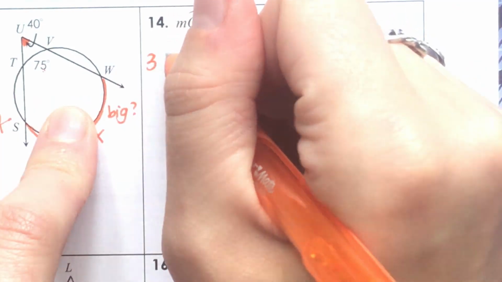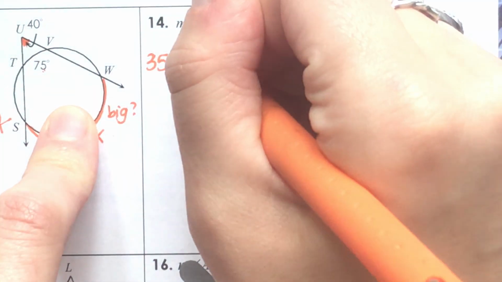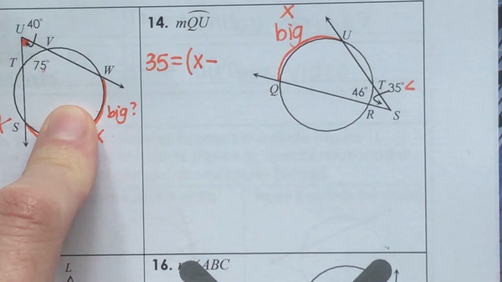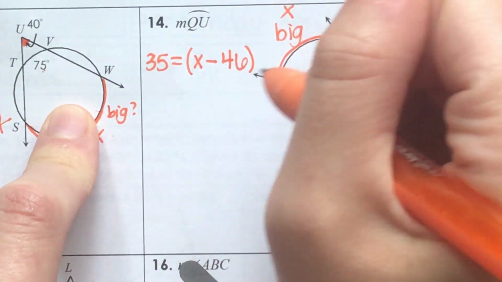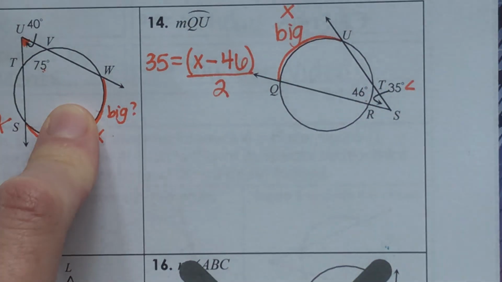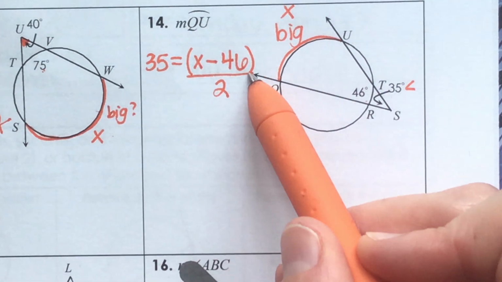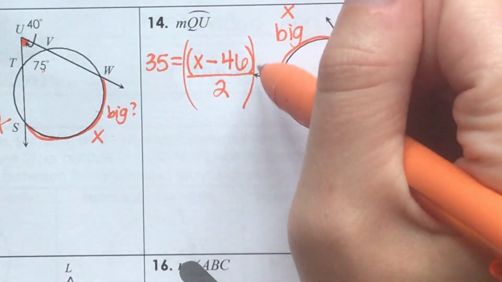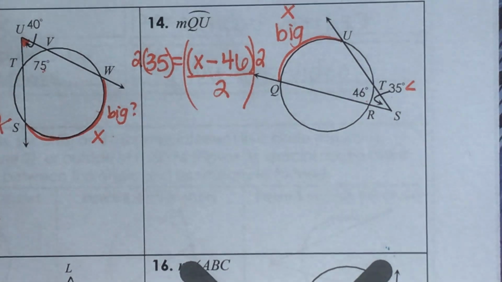My angle equals, big is my unknown, so I'm going to put an X there, minus my small arc is 46 divided by 2. Now I'm just going to solve for X. So to get rid of divided by 2, I will multiply both sides by 2.